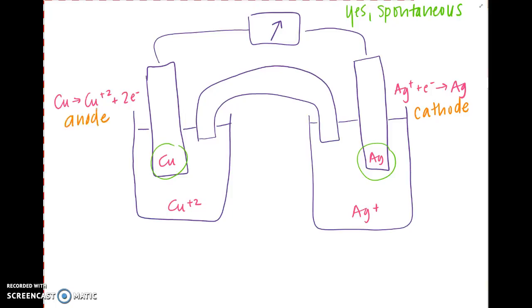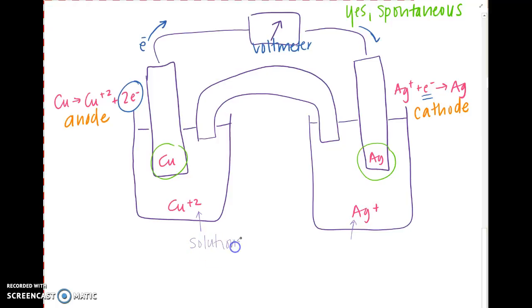What you also need to remember is that the electrons are getting lost here, and so they are going to travel along the wire. This is my voltmeter, which will register it. The electrons flow through the wire, and then silver can pick them up and become silver metal. In these cells, these are solutions.